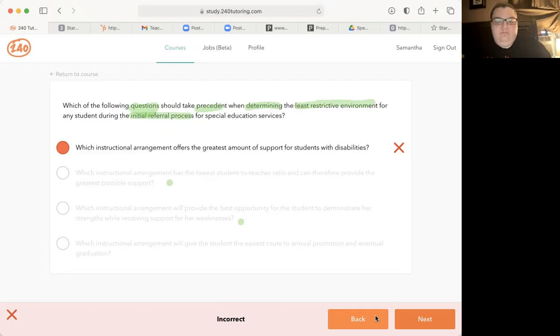So we want to do it for the student. For me, it's this, for the student, that makes this the best answer. It's the best opportunity for the student. The other ones are like giving the student the easiest route to, yeah, that one.